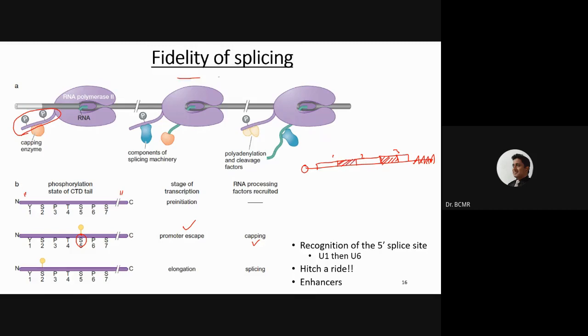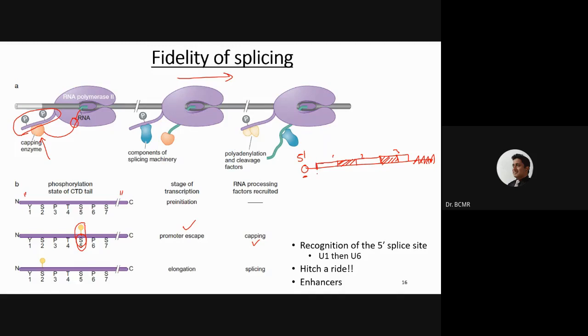If RNA polymerase is moving like this, what is the first thing that would come out? That will be the 5' end, and the first thing that we need is capping. So the phosphorylation here will increase the affinity for the capping protein. The capping enzyme will join here, and as soon as the mRNA comes, it will jump onto that. And what is the next thing that would come?